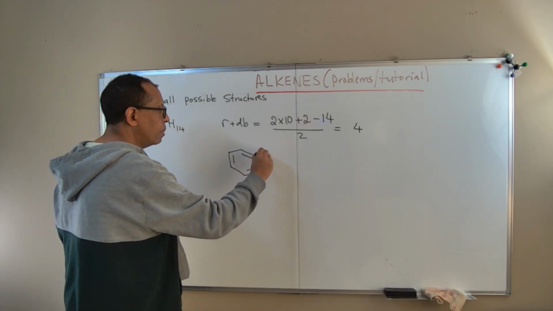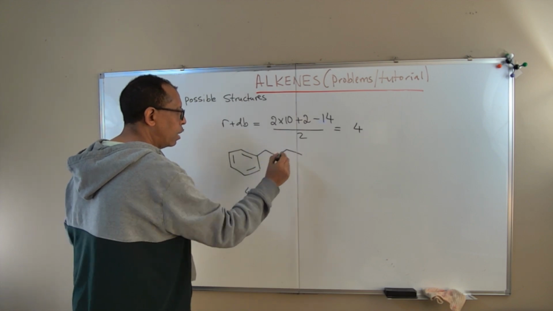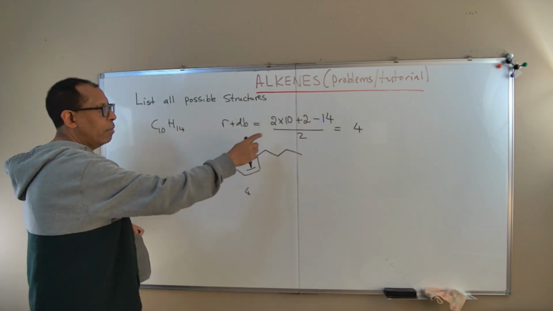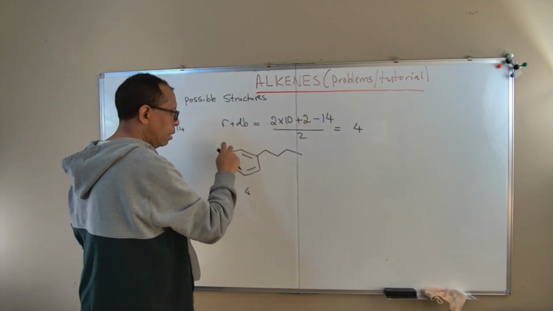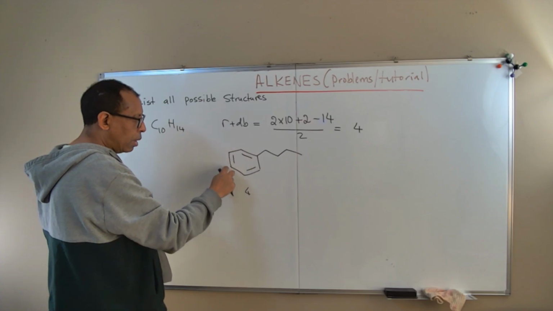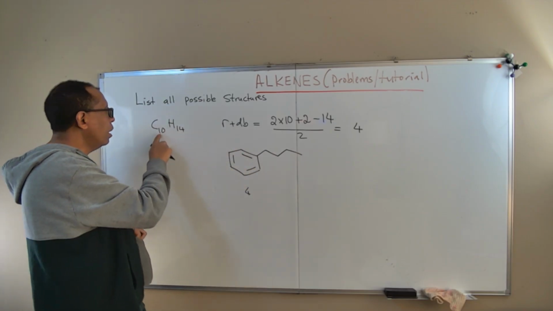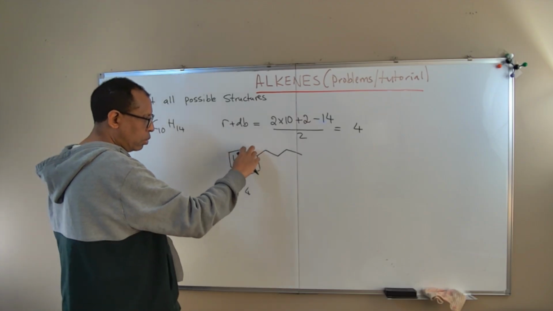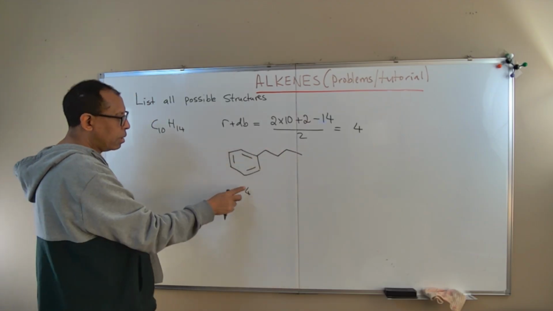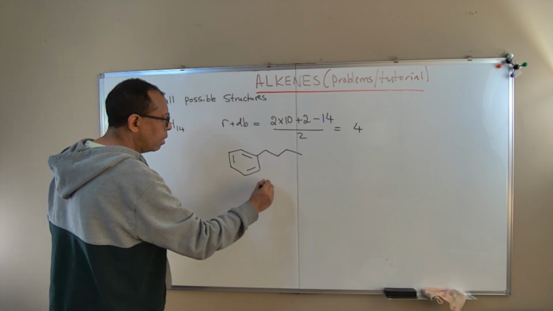So 7, 8, 9, 10. This is for ring plus double bond, and it has carbon, which is 10. If you count, this is C10H14.